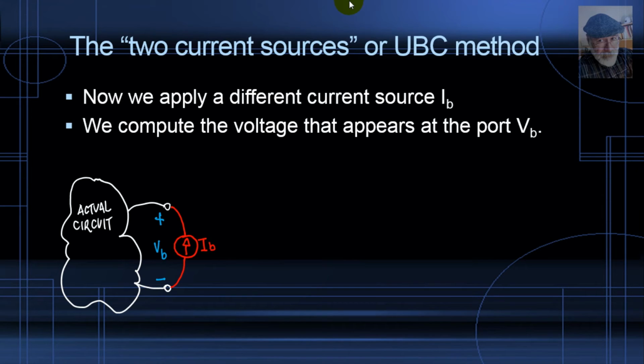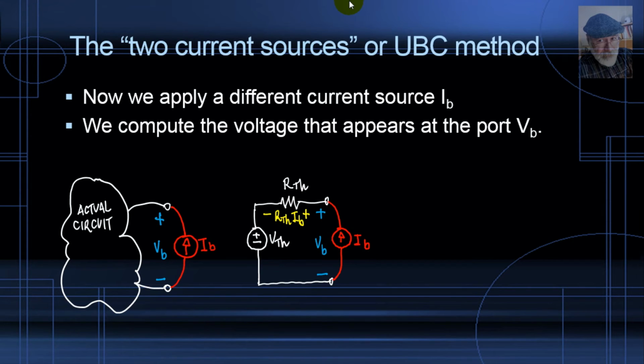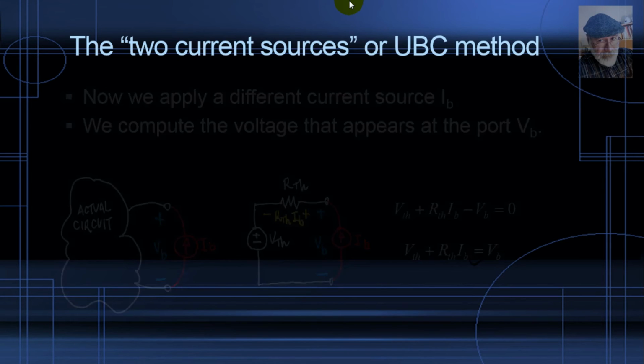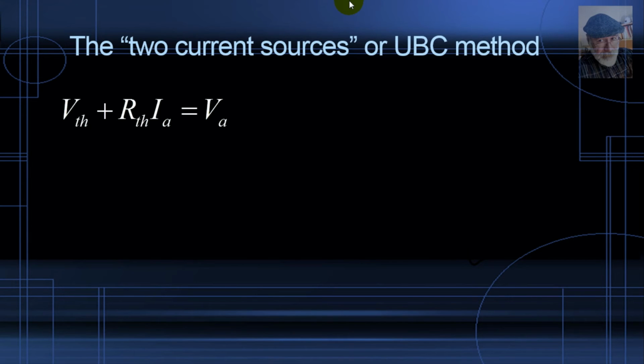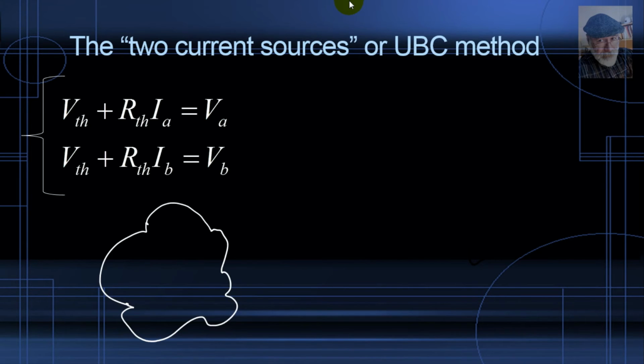And we repeat the same analysis on the circuit on the right, and write the second equation. We have then two equations and two unknowns, Vth and Rth. Let me write them together, from the first test and from the second test.